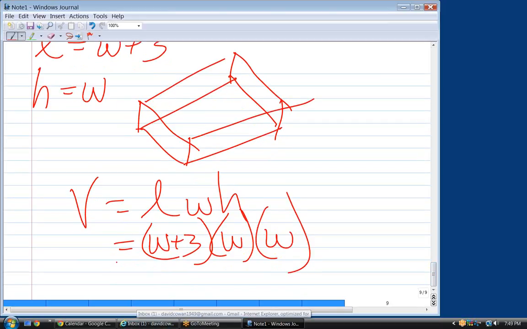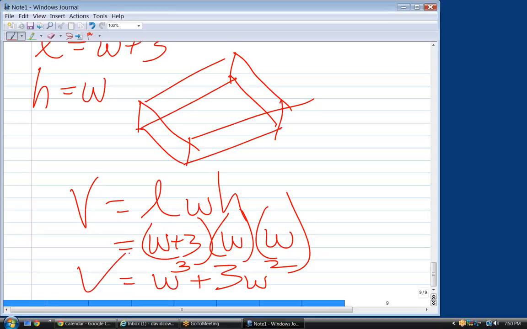So my volume is equal to W cubed plus 3W squared. Okay, write an equation for what? What's the rest of it? Write an equation to represent the volume of the box in terms of the width of the box. Okay, that's what we did.